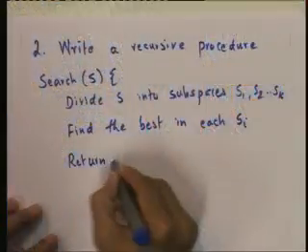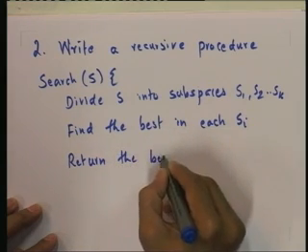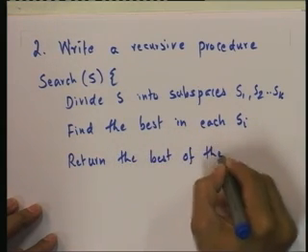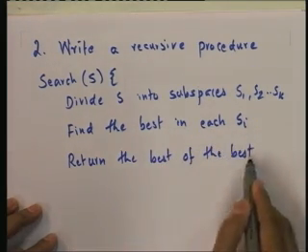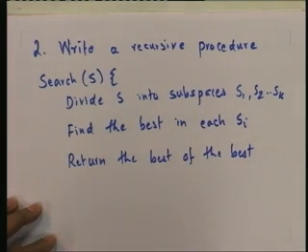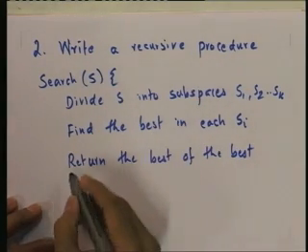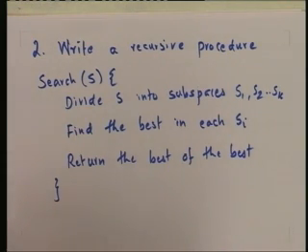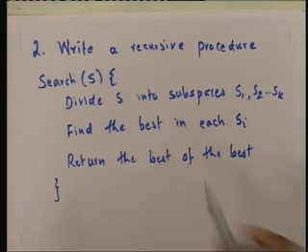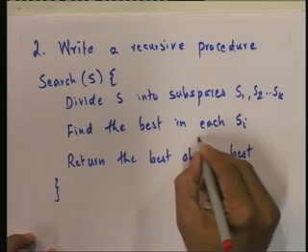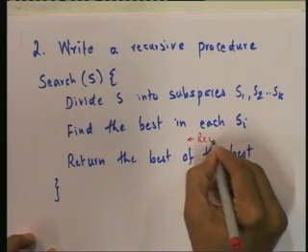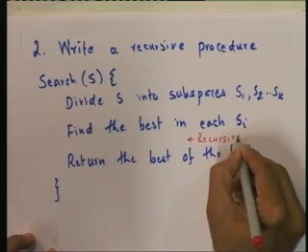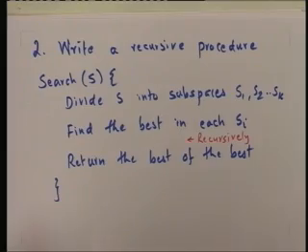And then we will return the best of the best. Well, by this best I mean the best computed above here. Okay. Simple enough. Now the important point is going to be, how do we find the best in each Si? This is where recursion is going to come in. So this, if we can express recursively, will at least have a recursive procedure.